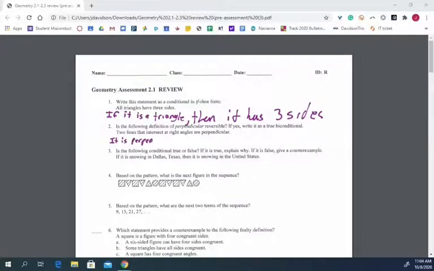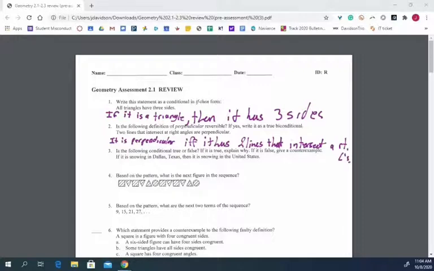It is perpendicular if and only if it has two lines that intersect at right angles. Questions there? That makes sense?